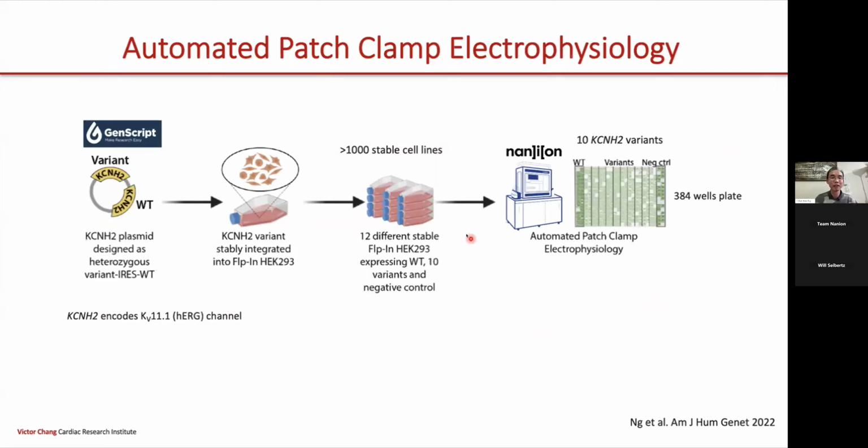The way we design our experiment is, in this case, because it's a potassium channel, we co-express the variant with the wild type. Potassium channels are different from sodium and calcium channels, where 4 subunits come together. If you have a mutation, in theory, you can have 4 subunits with the same mutation, or you can have 4 wild type, or 50-50.